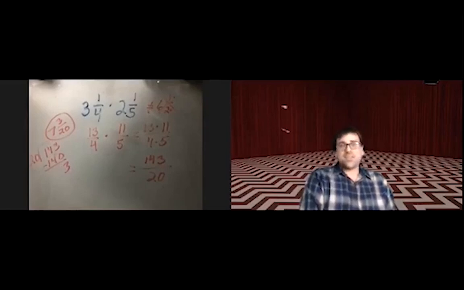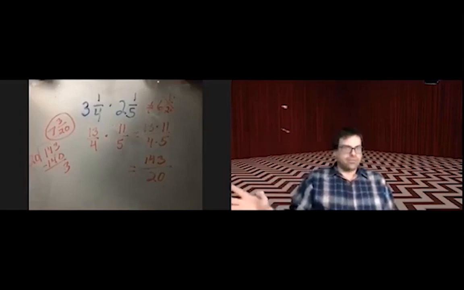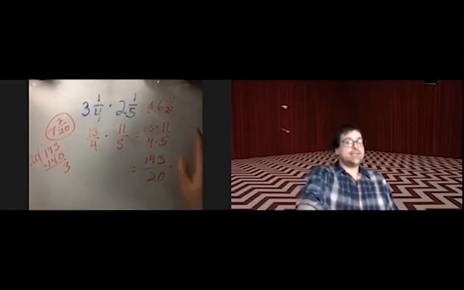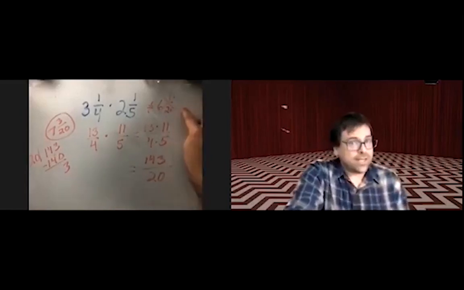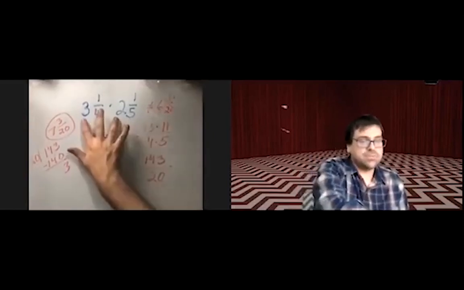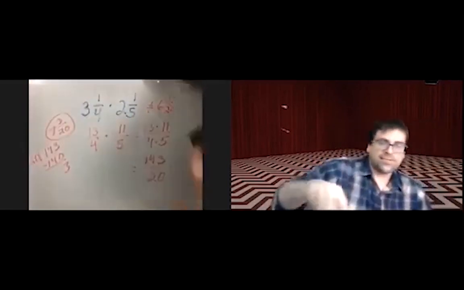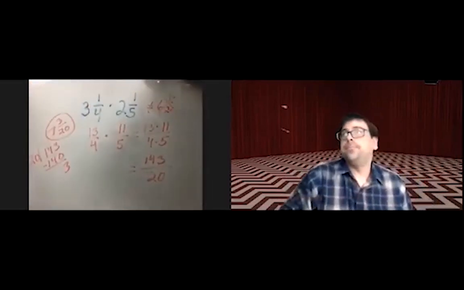The estimated answer is just going to help us if it's really far off. If we've made a huge mistake, it'll be noticeable, but it shouldn't guide us to thinking 6 1/20 is correct, because we never just multiply the numbers and multiply the fractions. They always have to go through improper form.